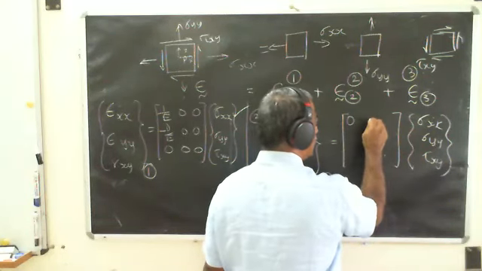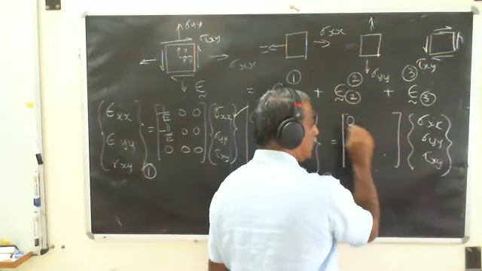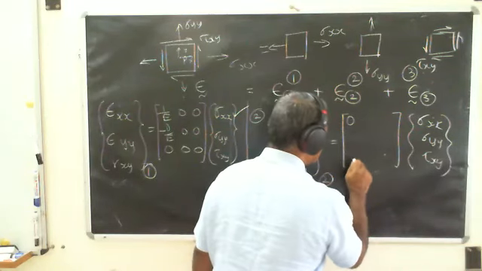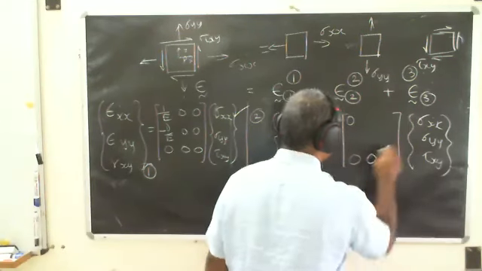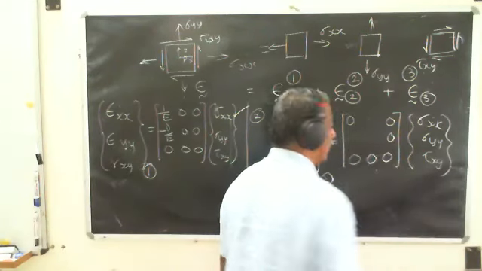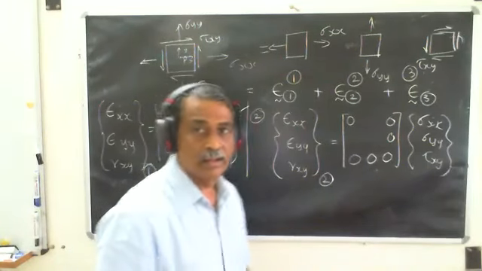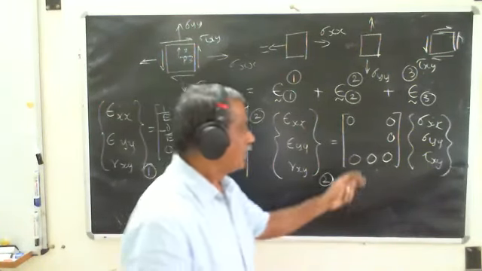Sideways. 1 by E here. Yes. Let's first write this. This is 0, 0, 0. Oh, this is fine. Correct? Yes. Tell me the other ones.